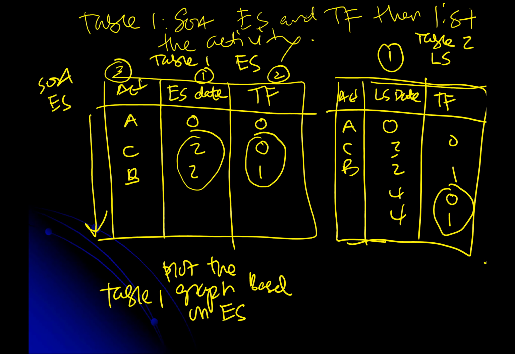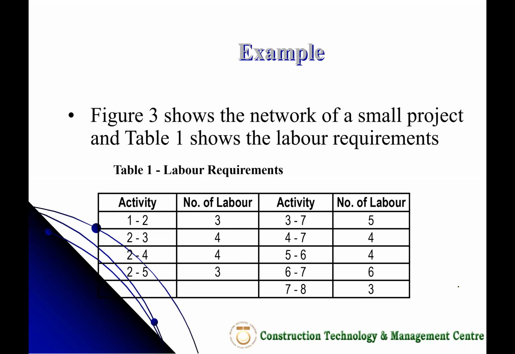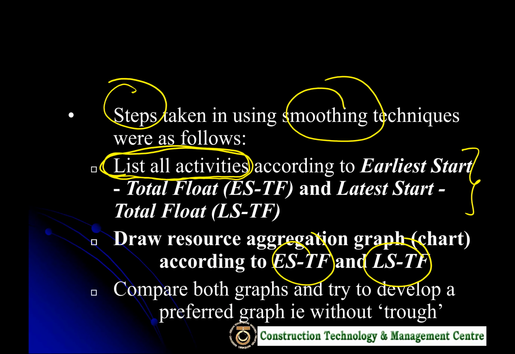So this could be D, this could be E. Once you have this, then you plot the graph on table 2, based on table 2. Then only you can make the comparison. Draw the resource histogram, and you compare.